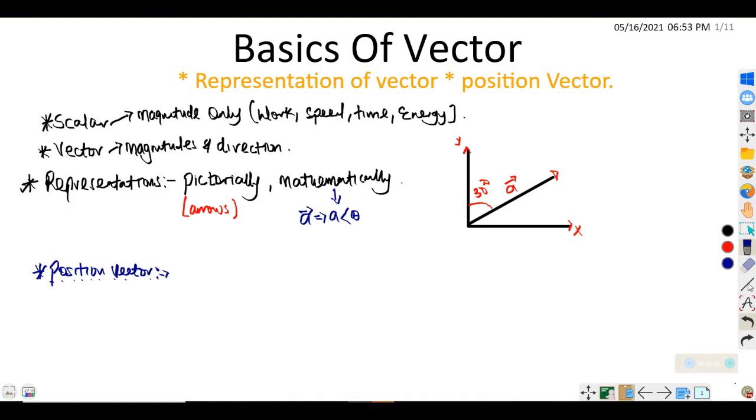Now, the same way I've done the mathematical and pictorial representation, I'm going to bring down an XY plane for you to visualize well and understand the concept of what we call the position vector.